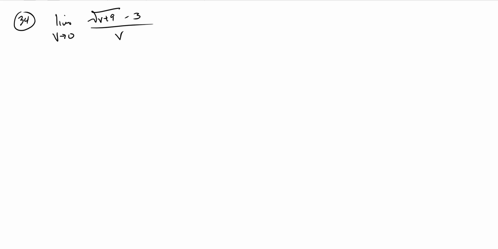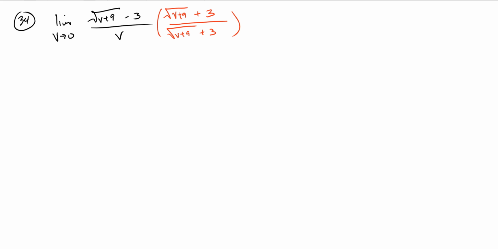34, once again, find the limit. I'm going to have a very similar issue if I try to plug in a 0 for v, not going to work. In this case, because I have a radical at the top, I'm going to multiply this entire expression by the conjugate, and the conjugate is going to be radical of v plus 9 plus 3 over radical of v plus 9 plus 3.